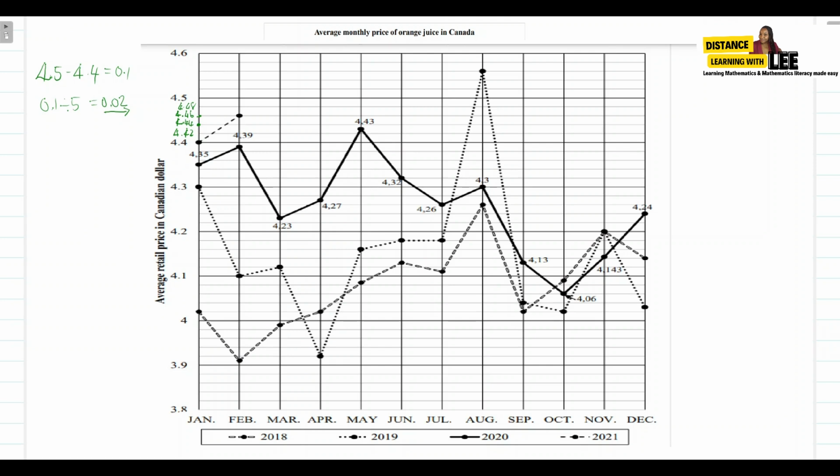But we actually didn't have to continue. I just did that so that you would see how we get to the 4.5.